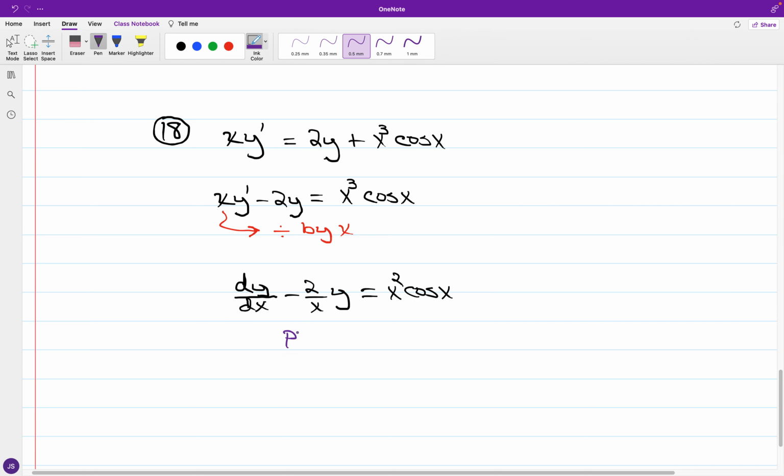And we have for the y term, after converting the equation to its first order linear standard form, p of x is equal to negative 2 over x.